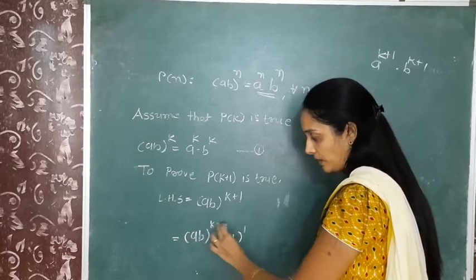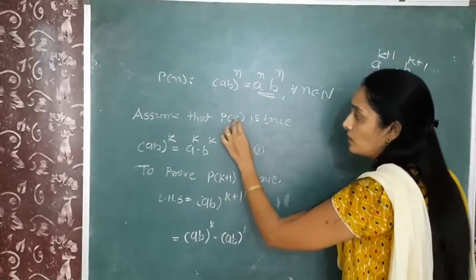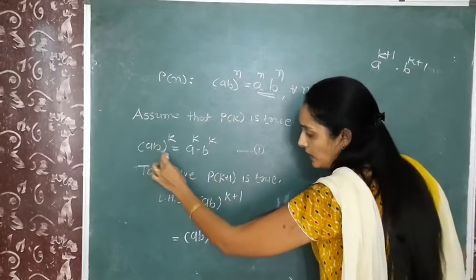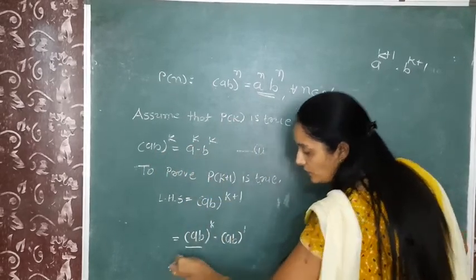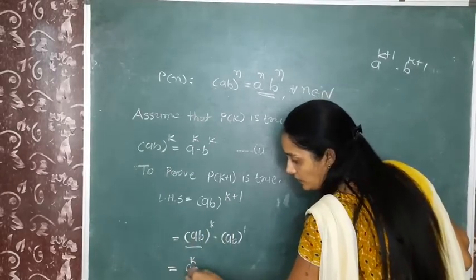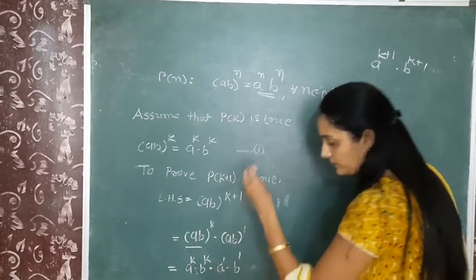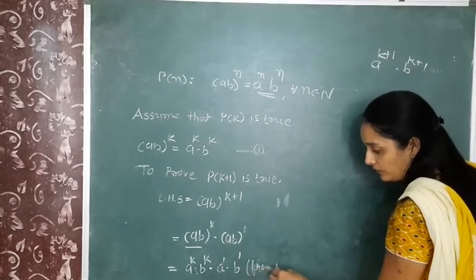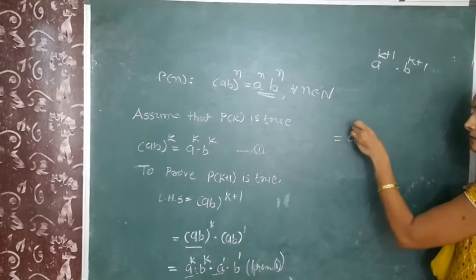Okay, now we can write like this by using rule of power and exponent. Base are same, the addition of power, so these two terms are same. Now we use the statement P of k, that means from 1, AB whole raised to k is equals to A raised to k into B raised to k. So we can replace value of AB raised to k. So A raised to k, B raised to k, A into B power. Okay, and from 1. Now base are same, so addition of power.